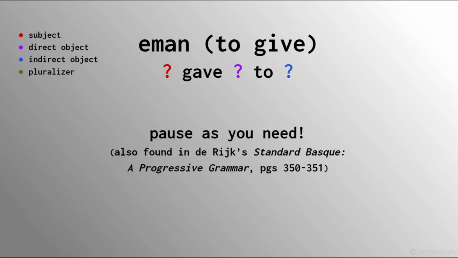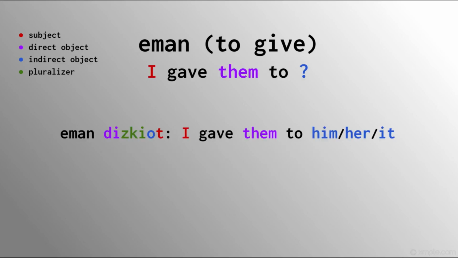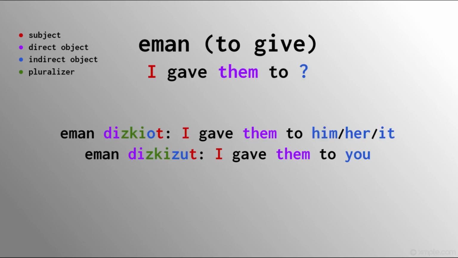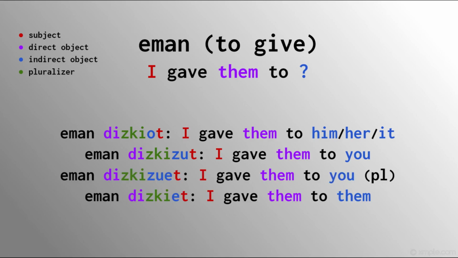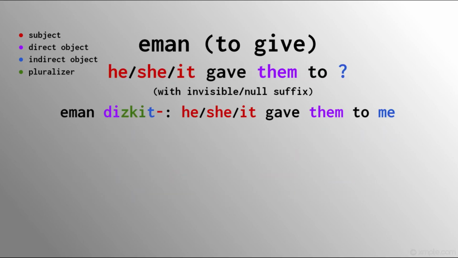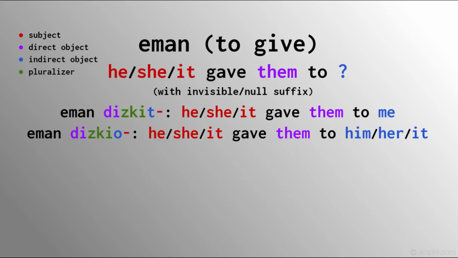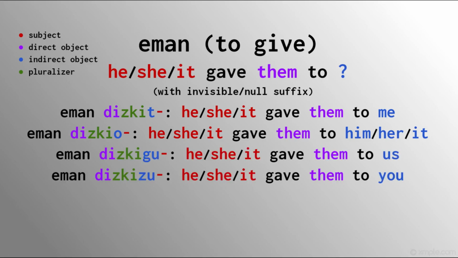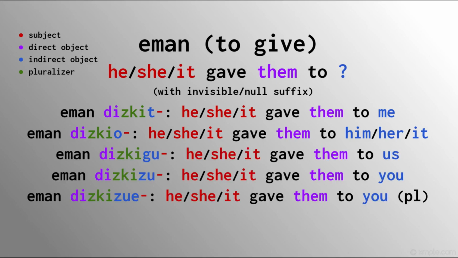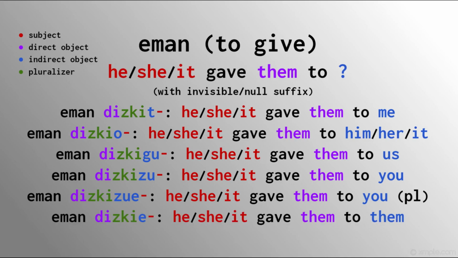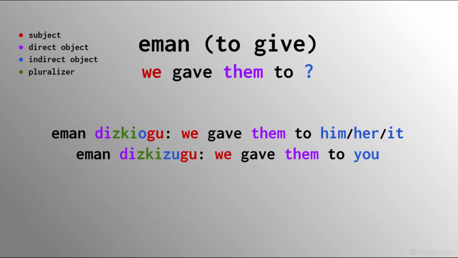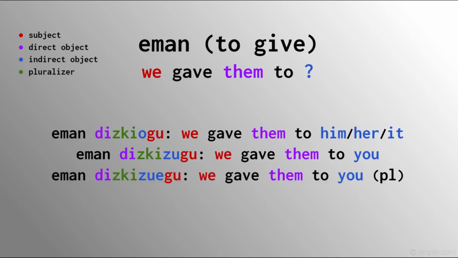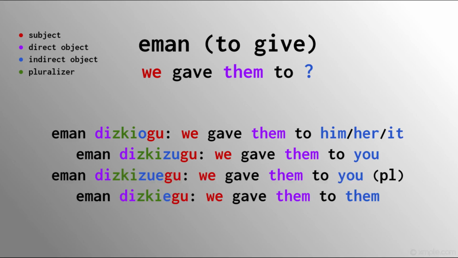With that pluralizer ski, here are the forms. Eman diskiot, eman diskisut, eman diskisuet, eman diskiet. Eman diskit, eman diskio, eman diskigu, eman diskisu, eman diskisue, eman diskie. Eman diskiogu, eman diskisugu, eman diskisuegu, eman diskiegu.